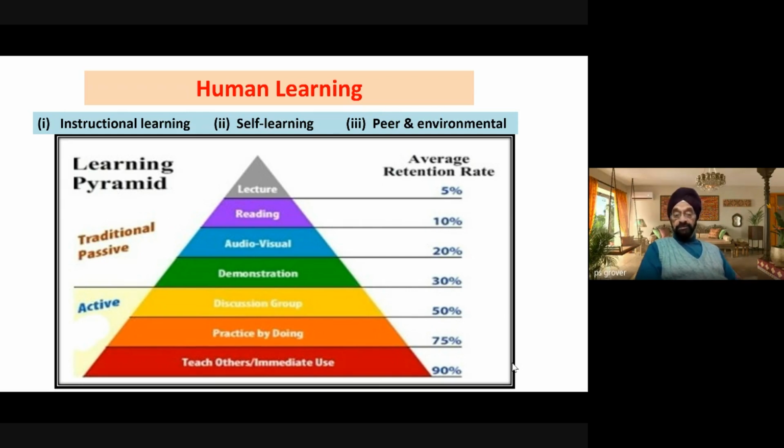When he watches a demonstration, what we do in the lab, maybe chemistry lab, physics lab, computer lab, mechanical engineering lab, he retains about 30%. If topics are discussed in a group, he retains about 50%. If he is made to do things to acquire that knowledge, he retains about 75%. And if a person is made to teach others or use it, he retains about 90%.